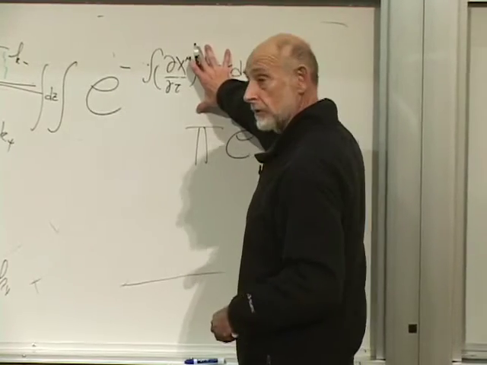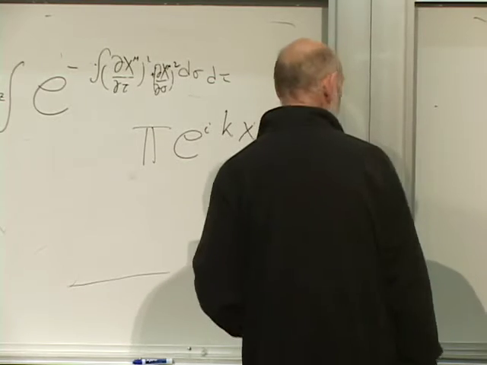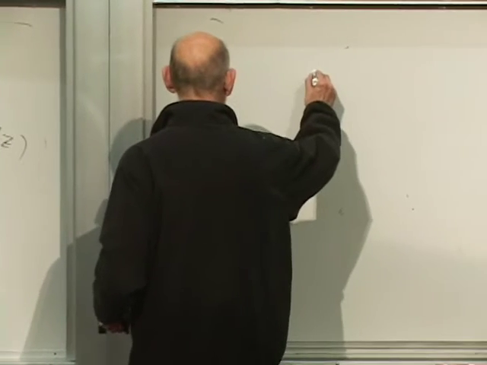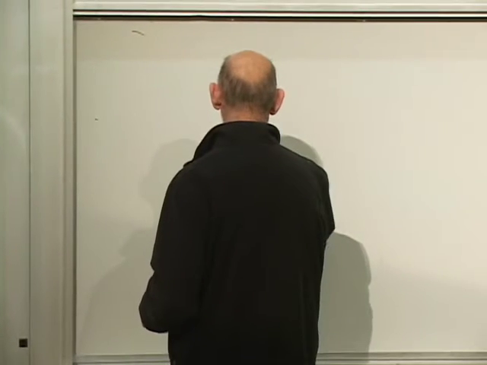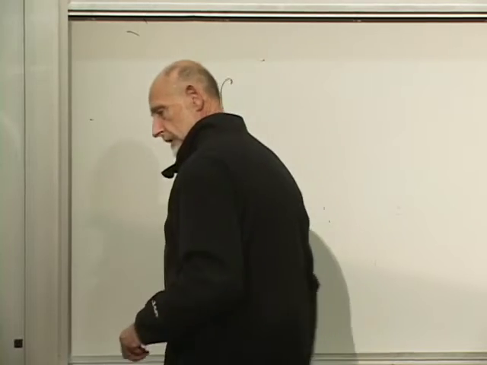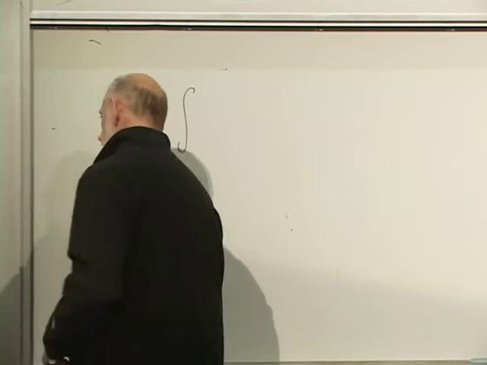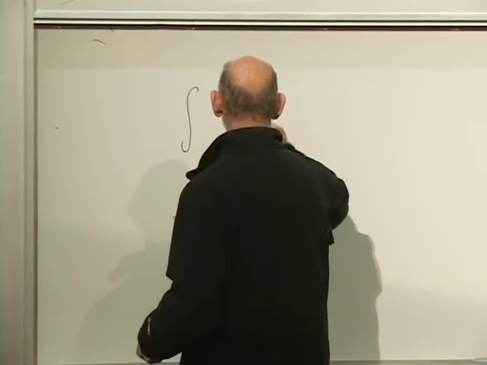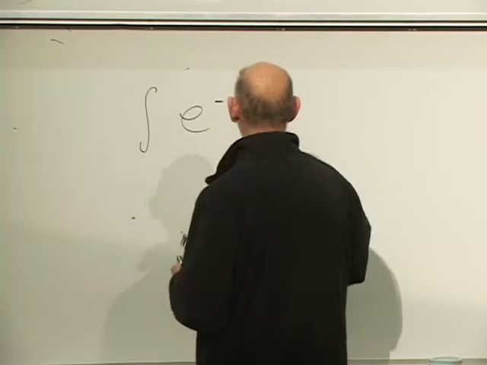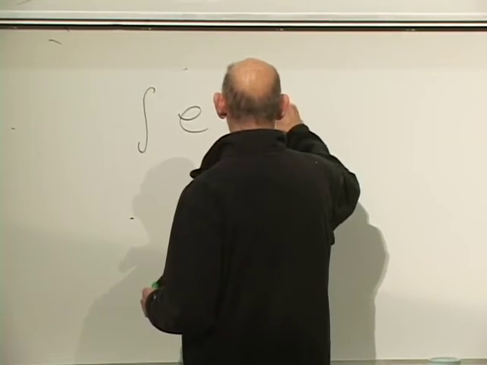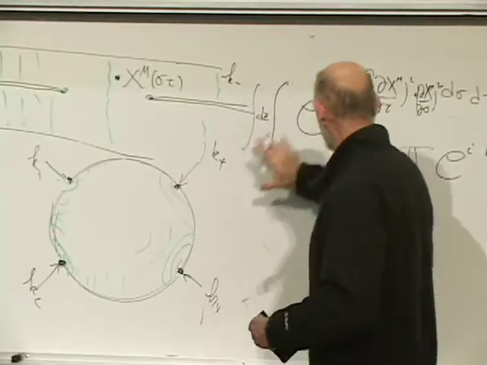Not inside this integral. No, not inside that integral. No, we could write it out. Let's write it out more clearly. Integral over all possible, well, let's see, path integral. Let's just call it path integral. Let's not put any d's there. E to the minus the action. This is the action for a particular configuration, and here it is.